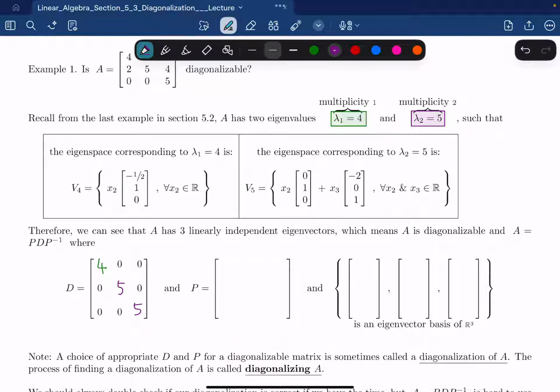From there, I get to pick the corresponding eigenvectors from each space. The rule here is that they need to be linearly independent. For the first column, because the eigenvalue I chose is lambda 1 equals 4, I have to choose from the eigenspace corresponding to this eigenvalue. In other words, I need to pick something from here.